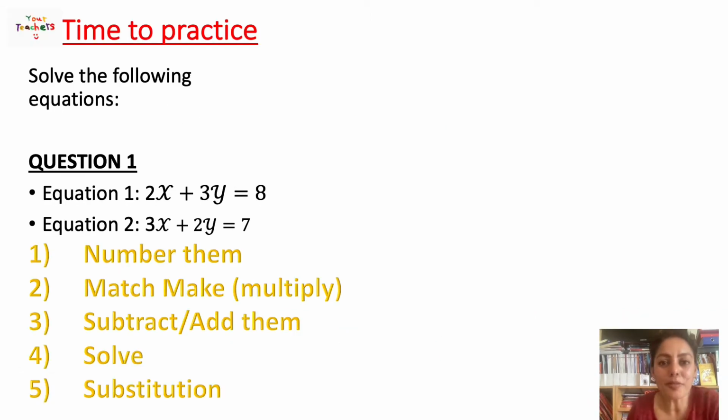Right, time to practice. Let's have some fun. 2x, I'm going to rewrite out my equation. Right, this is equation 1, so I'm going to label it number 1. This is my equation 2.